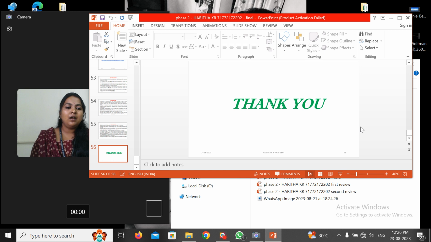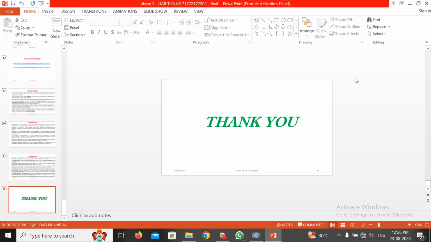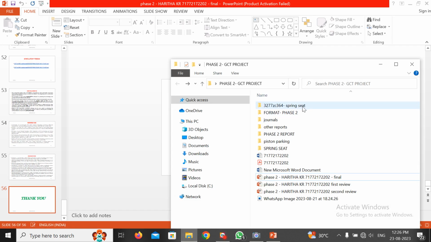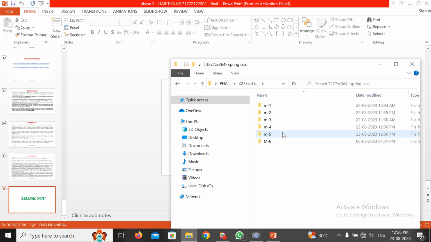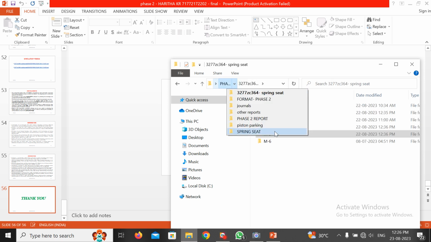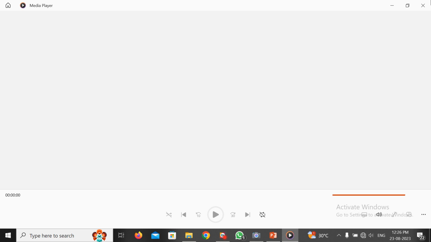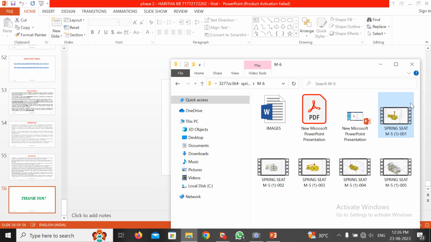Then with respect to this, I will be showing a video of the spring seat, showing the phases and how the solidification takes place from the phases towards the material.